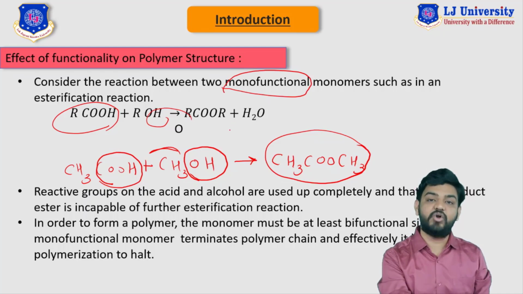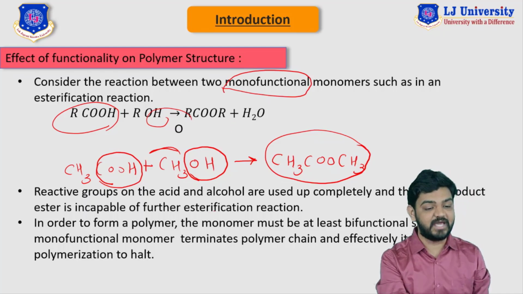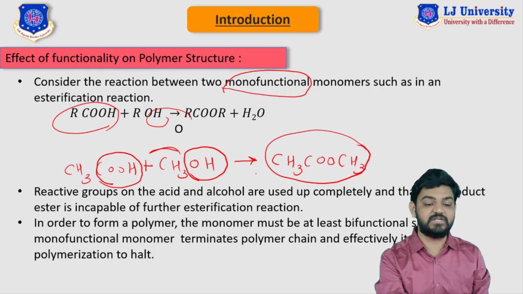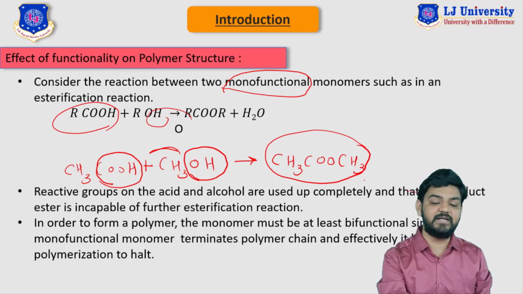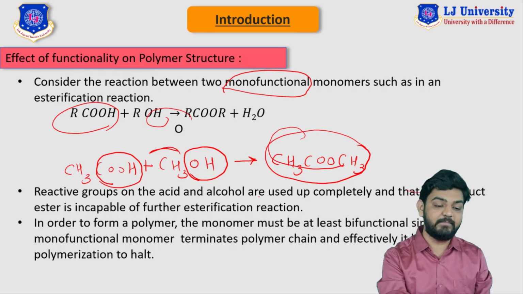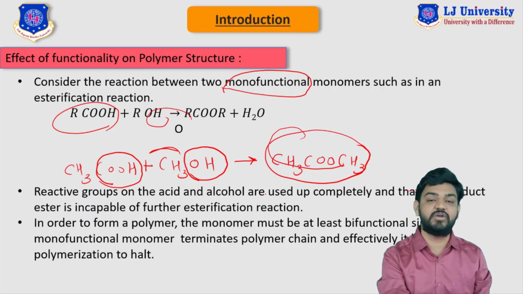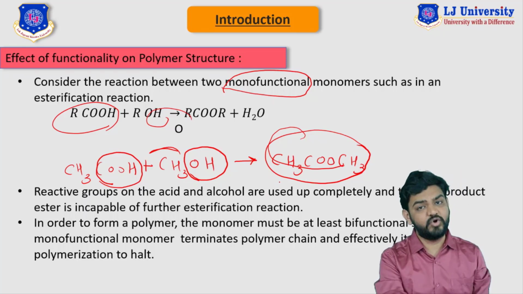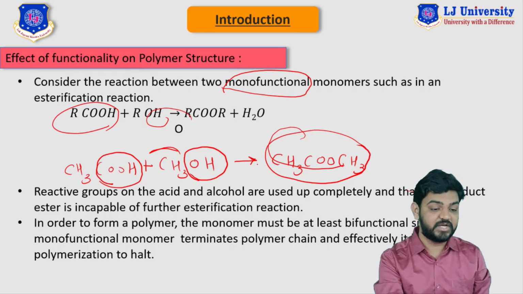Hence, they are not considered for the polymerization reaction. The reactive groups on the acetic acid and alcohol are used up completely, and the product, this one is the ester, is incapable of further esterification or polymerization reaction. Hence, this monofunctional monomer is not used in the polymerization reaction.